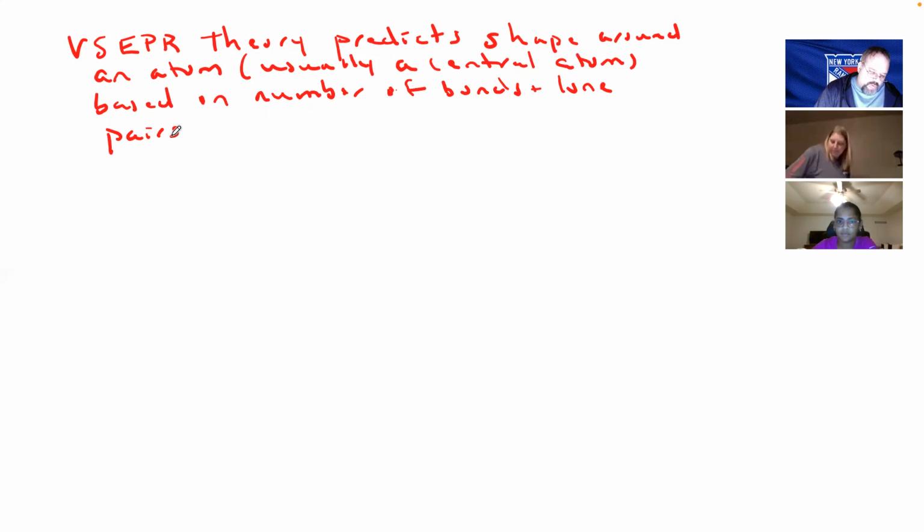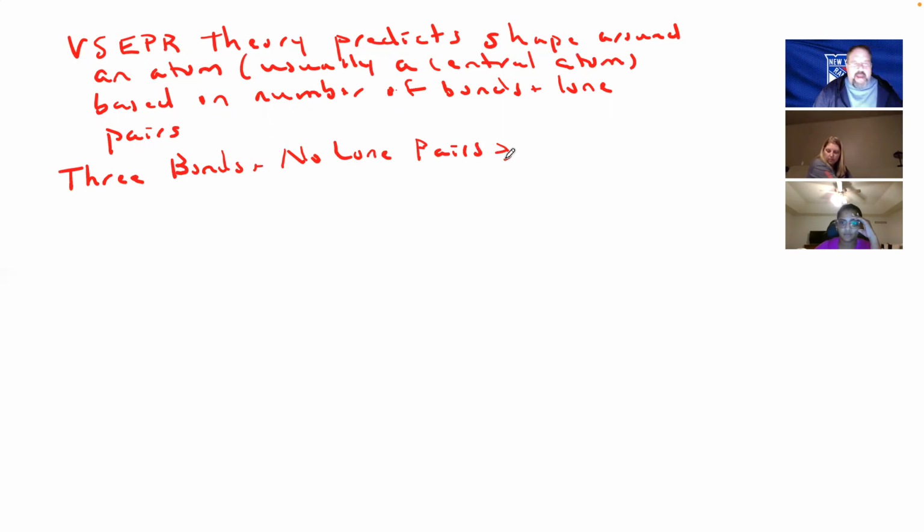Okay. So if you look at gallium, gallium has 3 bonds and no lone pairs. After this, once you determine that, it's basically a memorization piece, because you have to remember what VSEPR theory says in terms of shape when you have an atom that has 3 bonds and no lone pairs.